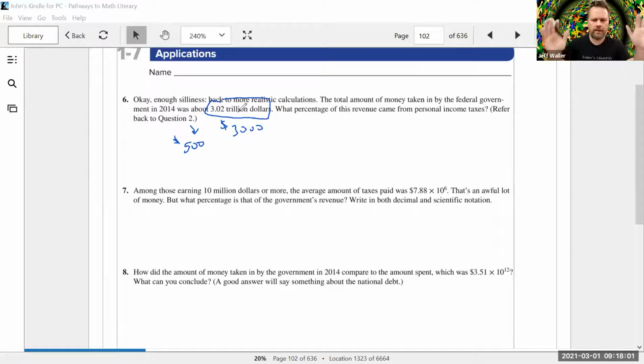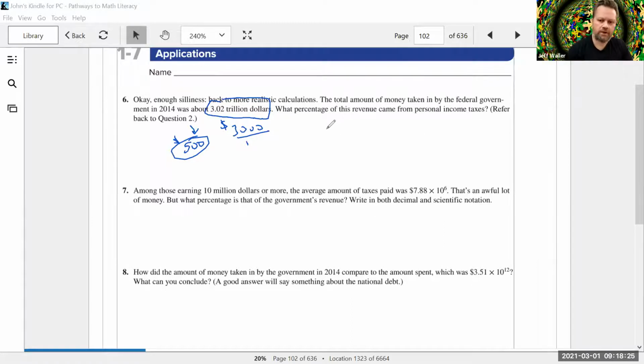The total amount of money they take in, because they get more than just from personal income taxes, right? They obviously do. How do I figure out what percent of this that this represents? How do I figure out the percentage? We just did it. Divided?